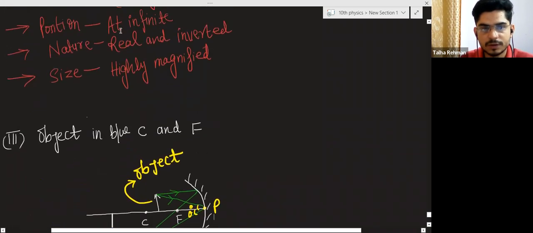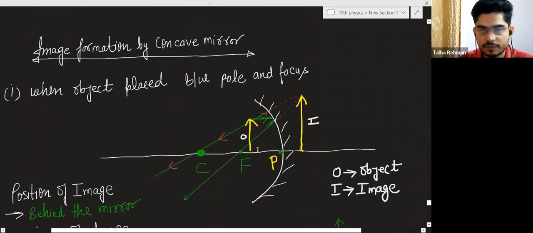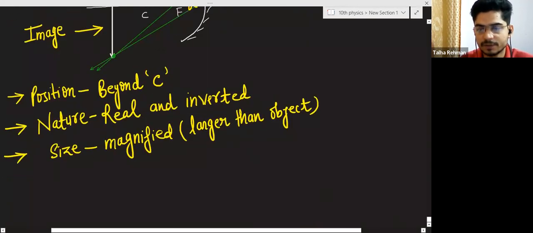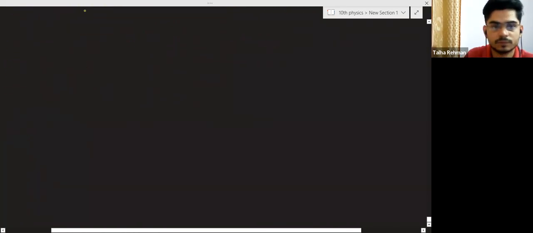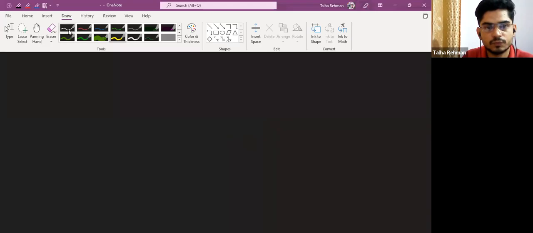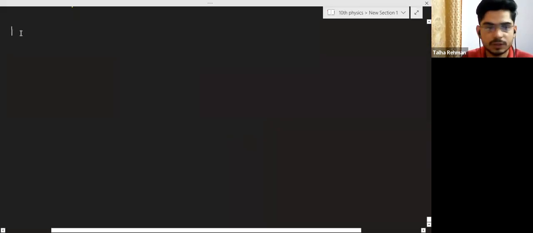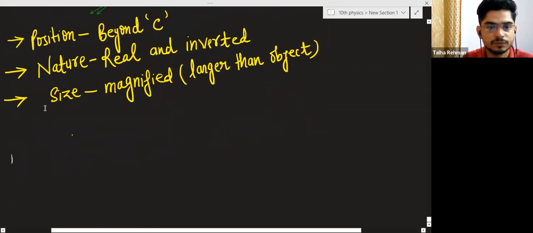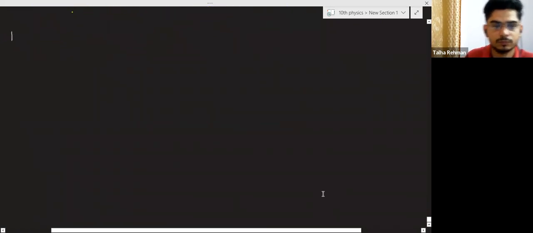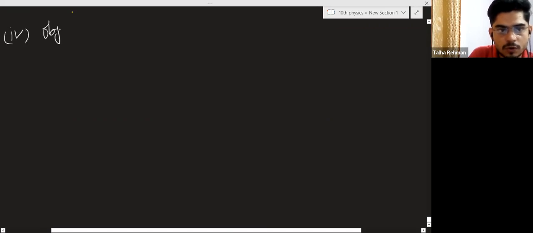Now see here. First object here, then here, then here. Now the object will be at the center of curvature, and we will see what will happen. Sorry, not third. This is point number 4. Object at center of curvature.